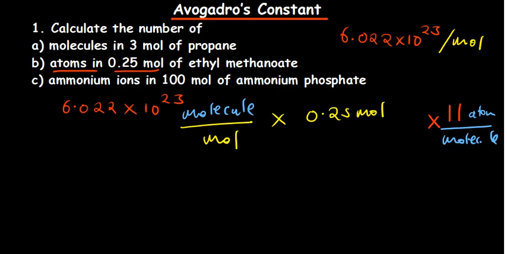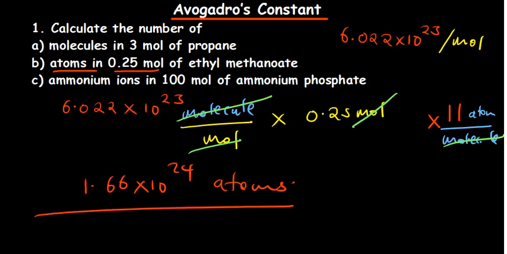So, the number of molecules would go, and then the moles will go, so that we just remain with the number of atoms. So, grab your calculator. The answer I'm getting is 1.66 times 10 to the power 24 atoms.